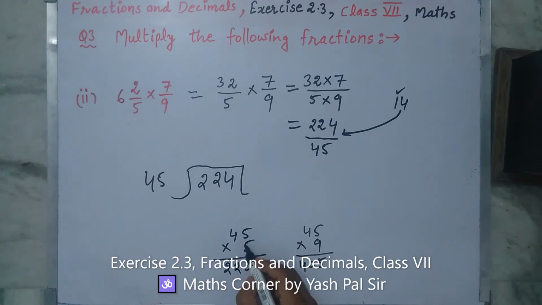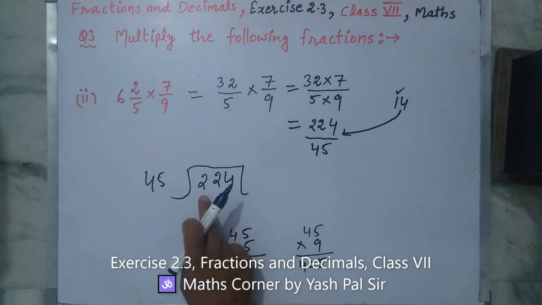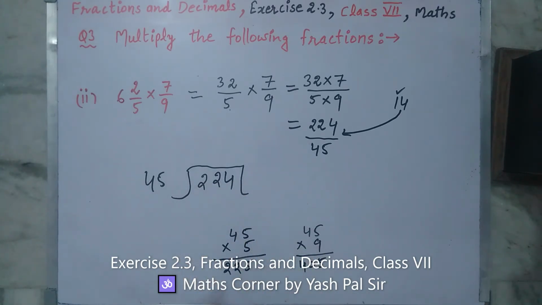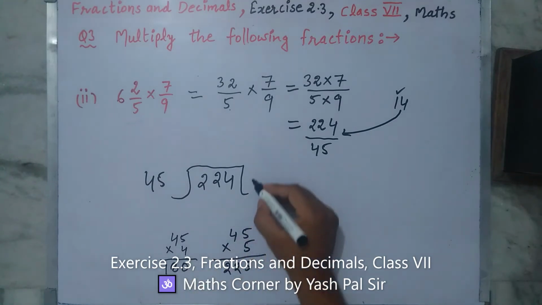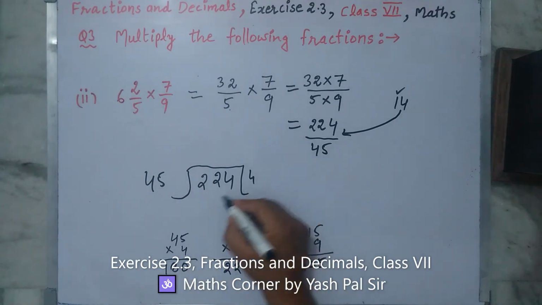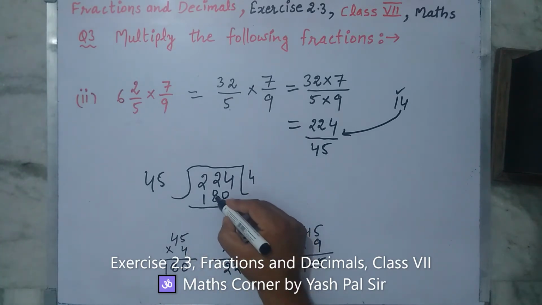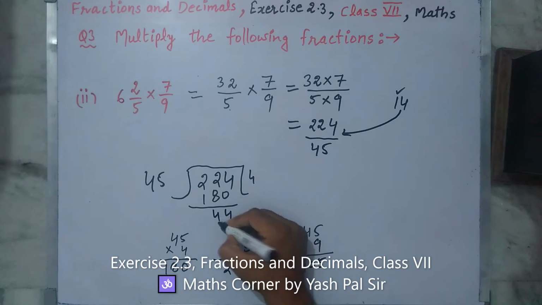So what do we need? We are required to come to 224. This is 225. One number less, meaning 45 into 4 before this 5. So 5 into 4, 20. 4 into 4, 16. 16 plus 2, 18. So this is 4. Answer is 180. And what is the remainder? 44.